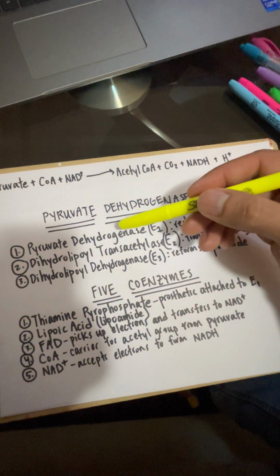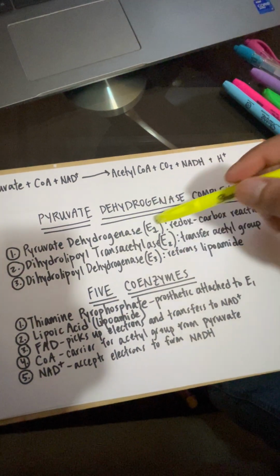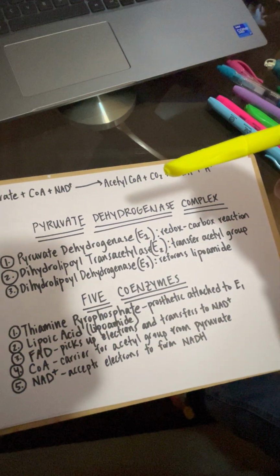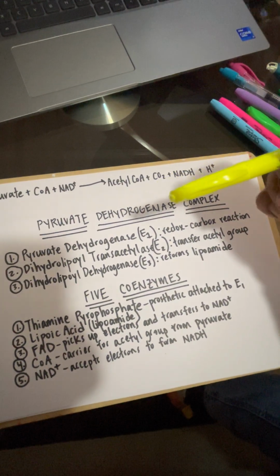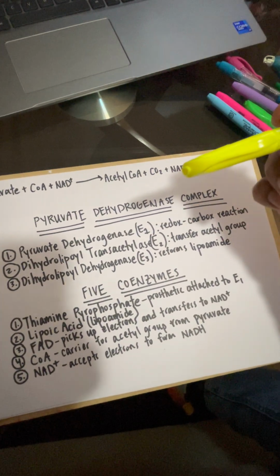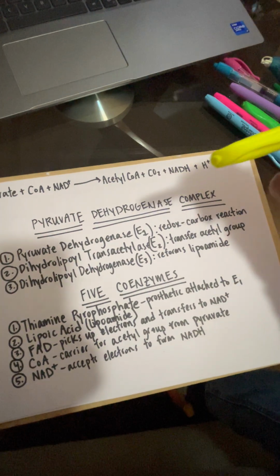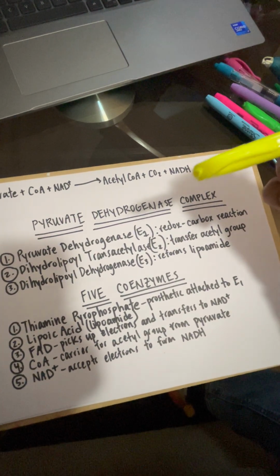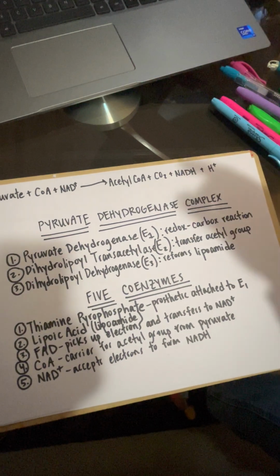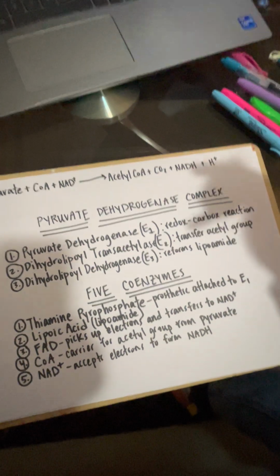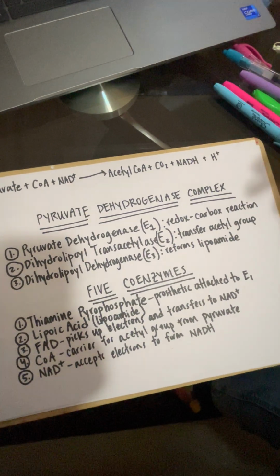And so our first enzyme here is what allows us to transform our pyruvate and transforms the acetyl component and prepares that to be used later in the reaction.